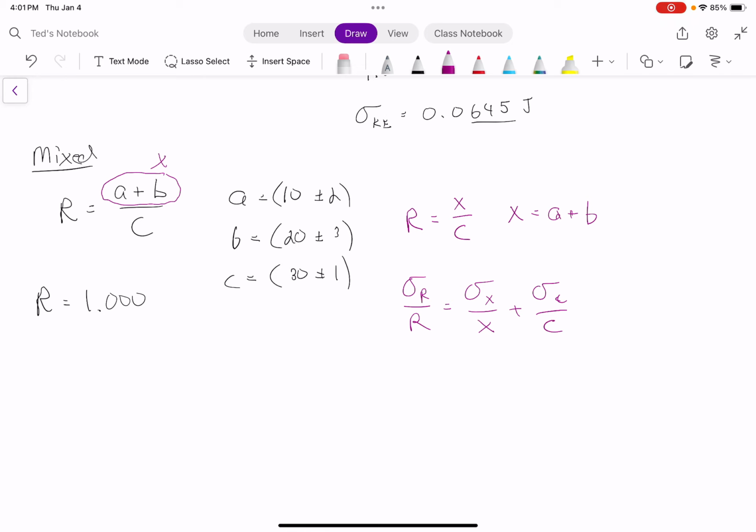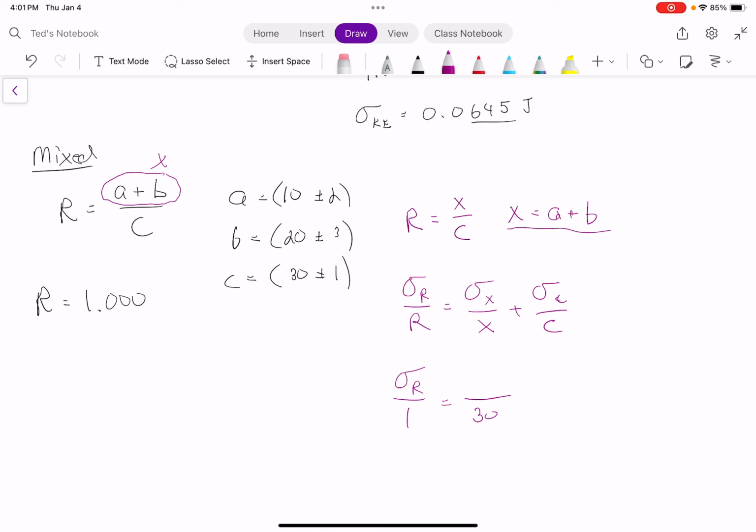So for X, I can use rule 1. And rule 1 says, let's plug in what we know. Uncertainty in R over 1, in this case, because R is equal to 1, is equal to the uncertainty in X over X. Okay, well, we know X is 30, because X is A plus B. But what's the uncertainty in X? Well, this is rule 1.